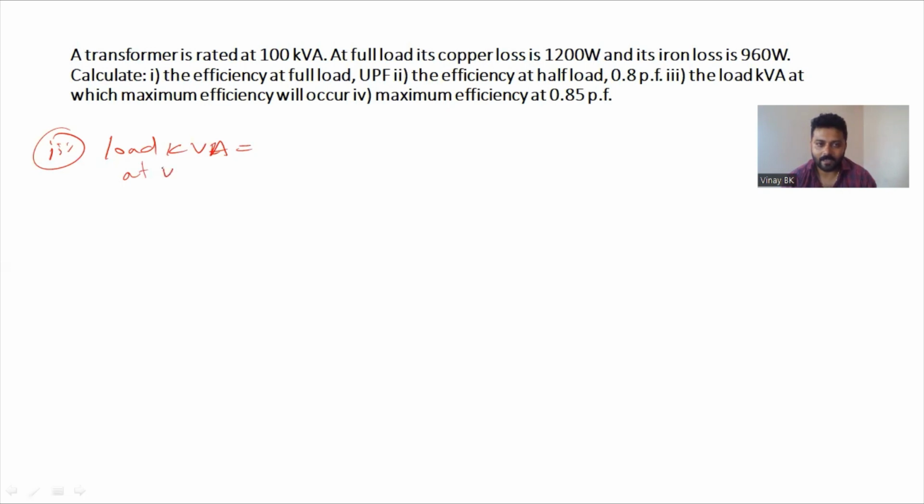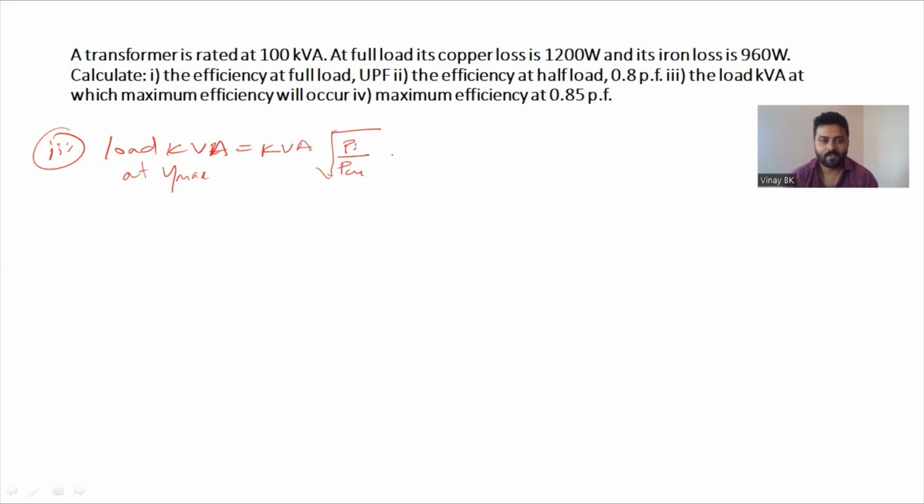Remember, load kVA at eta max means while finding the maximum efficiency, you need to enter the value of kVA whatever you're getting in the third point. So it is given by kVA rating into square root of Pi divided by PCU.